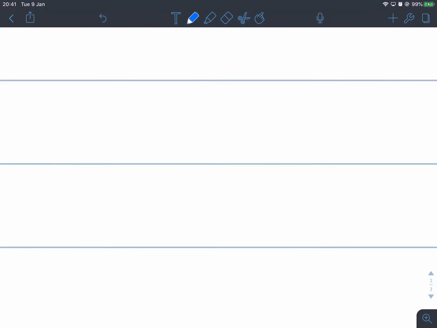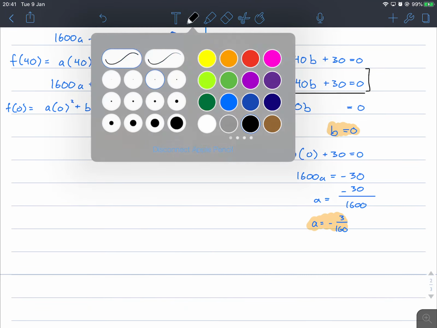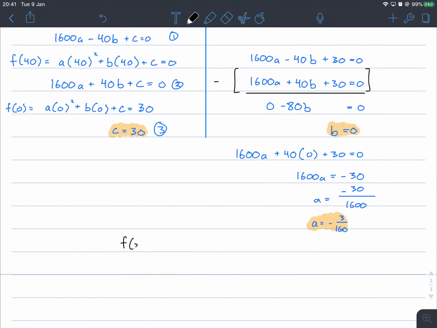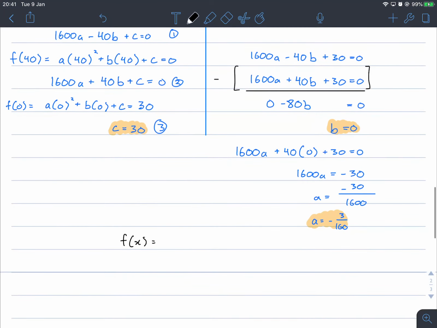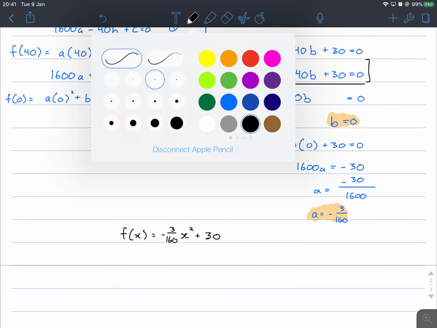All right. So this gives us the three values we need for f of x. So f of x is equal to negative 3 on 160 x squared. There is no bx because b is 0, plus 30 from c here. That is the equation of the parabola.